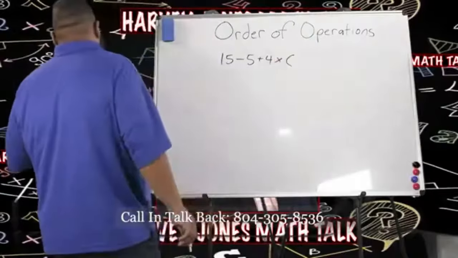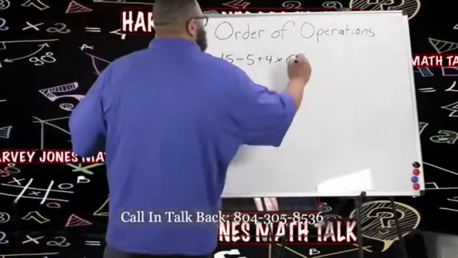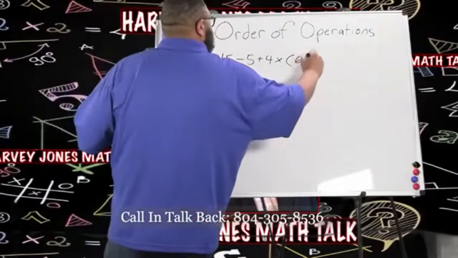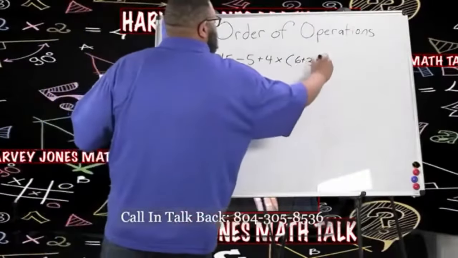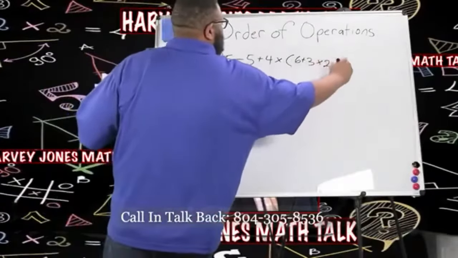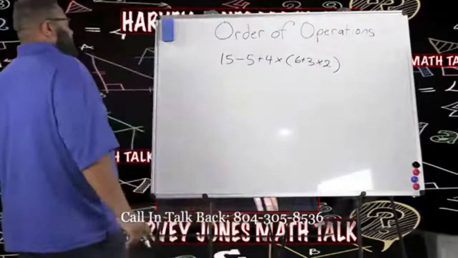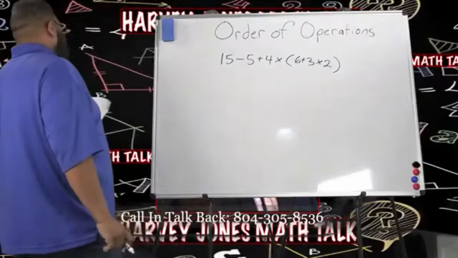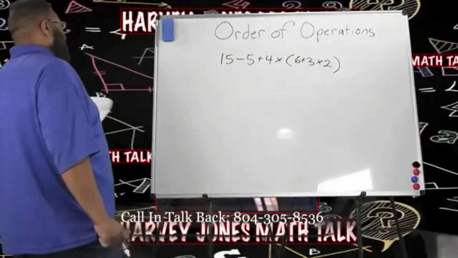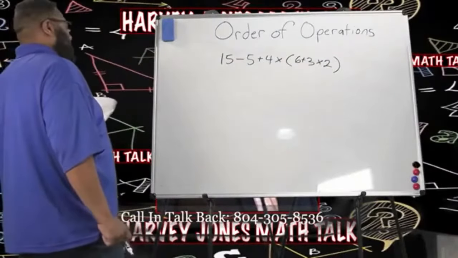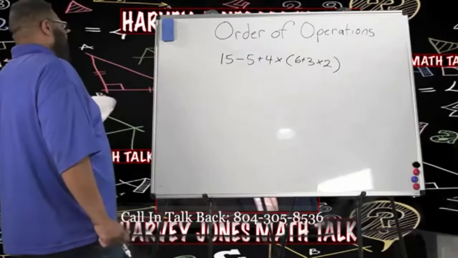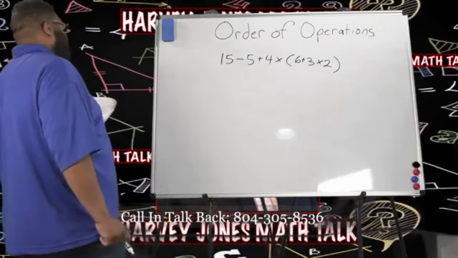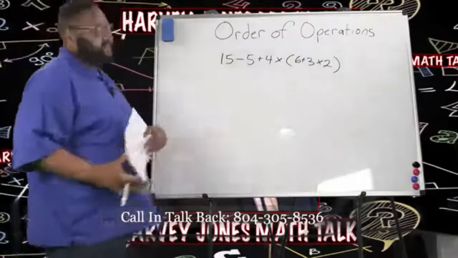There's my first parenthesis. 6 plus 3 times 2. Write this down. 15 minus 5 plus 4 multiplied times, close, open, what do you call that? Open bracket, 6 plus 3 times 2, close bracket.